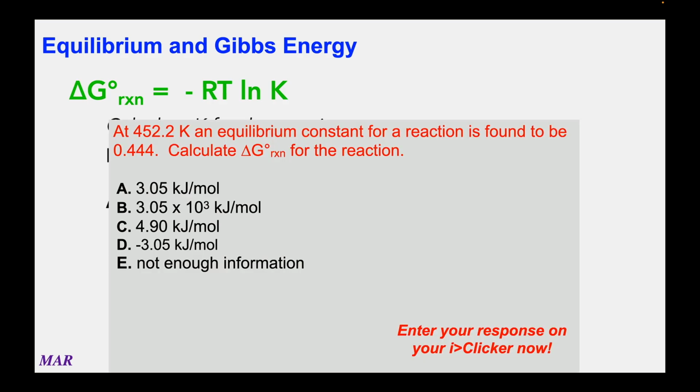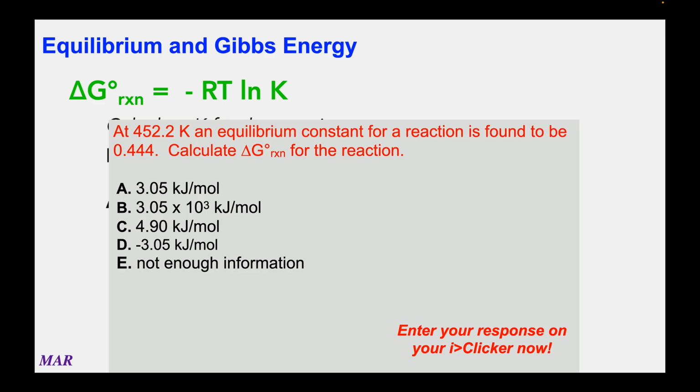So here we have a question. At 452.2 Kelvin, an equilibrium constant is found to be 0.444. Let's calculate delta G. Okay, so delta G equals minus RT natural log of K. So minus R, 8.3145, times T, the Kelvin temperature, 452.2, times the natural log of 0.444.